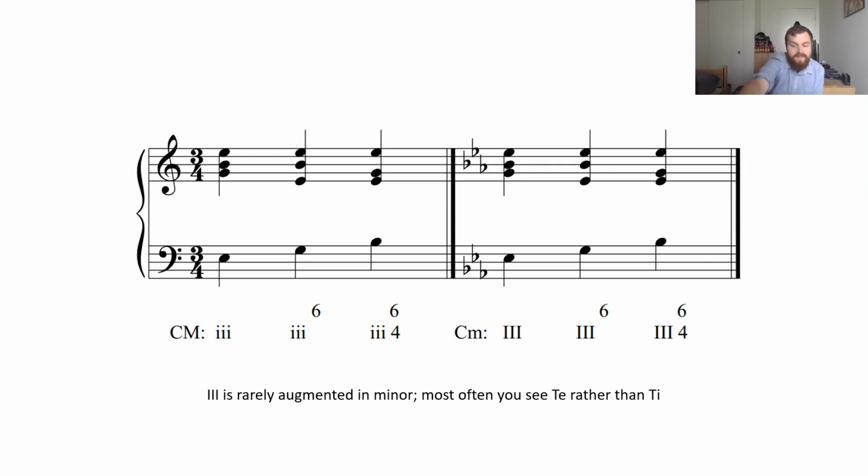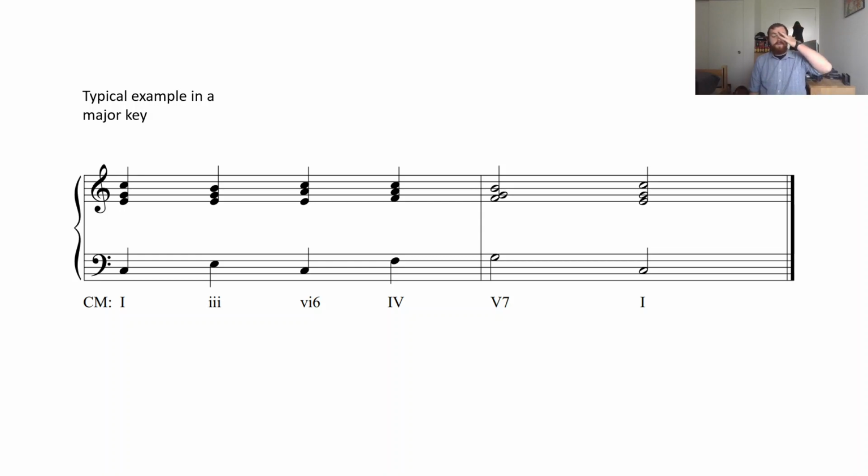Okay? So let's go ahead and take a look at an example together. Here's kind of a typical example in a major key. I had to make these 6 chords instead of 5 chords just so that we wouldn't start on 3. Pretty straightforward, right? It follows that progression that we saw before. 3 precedes 6.